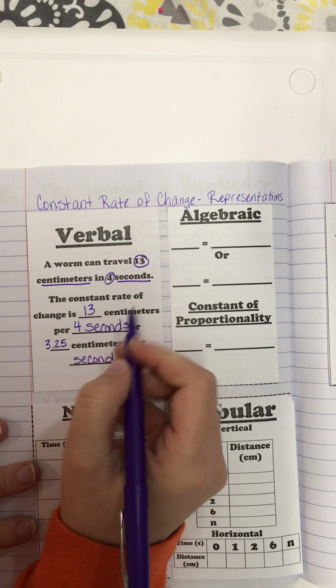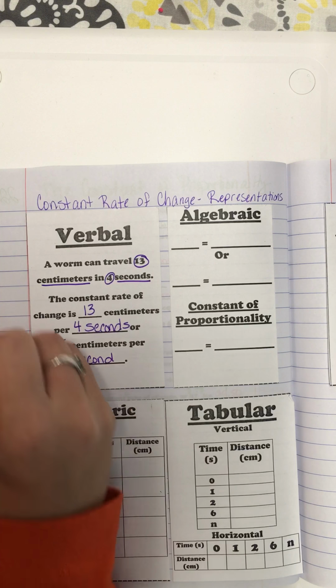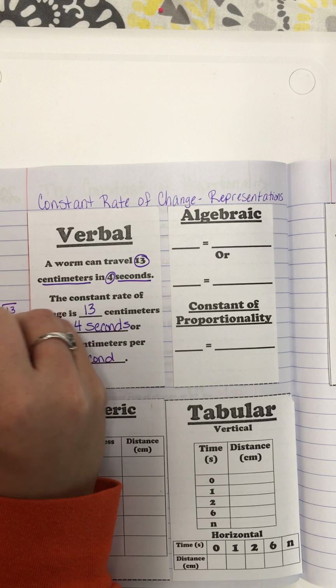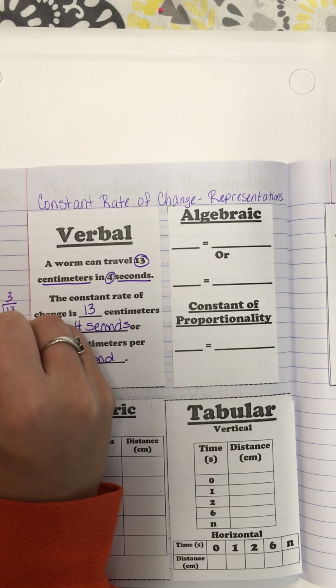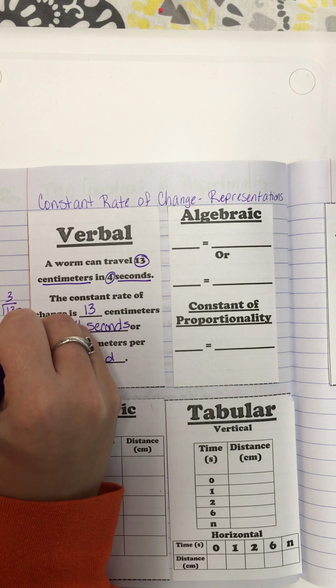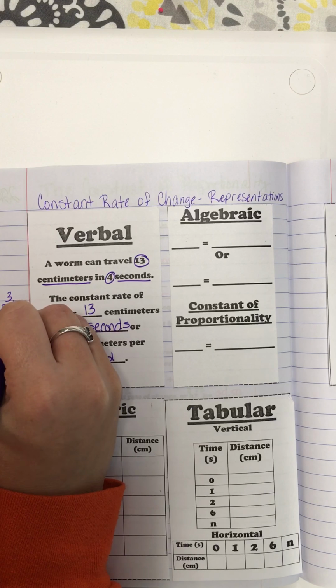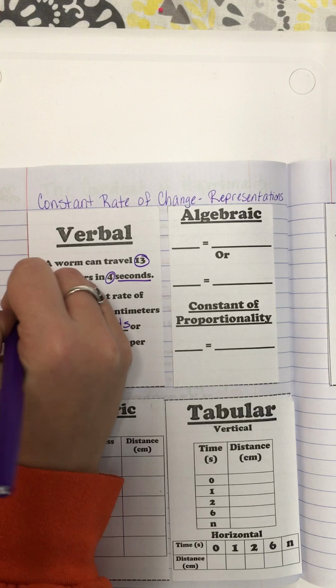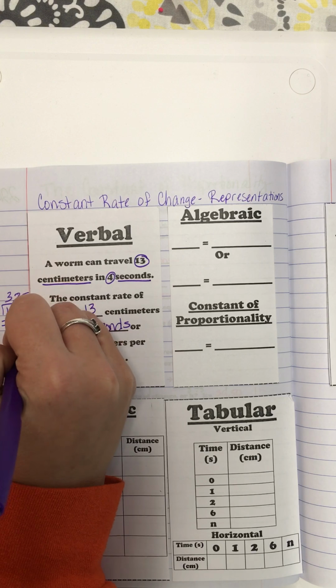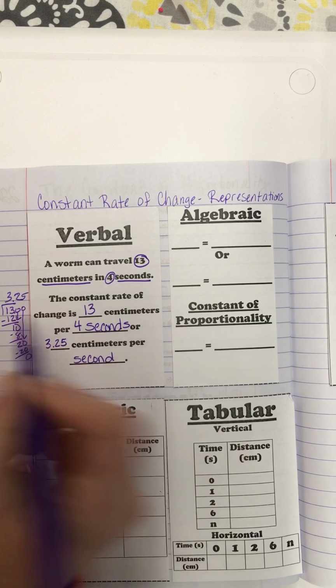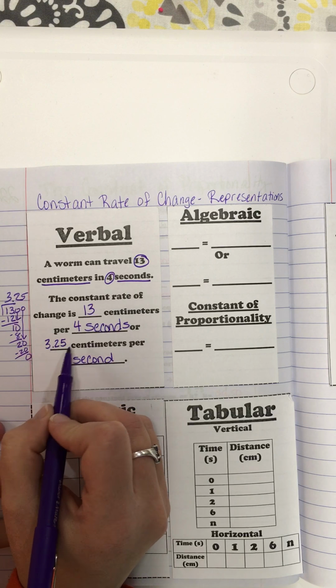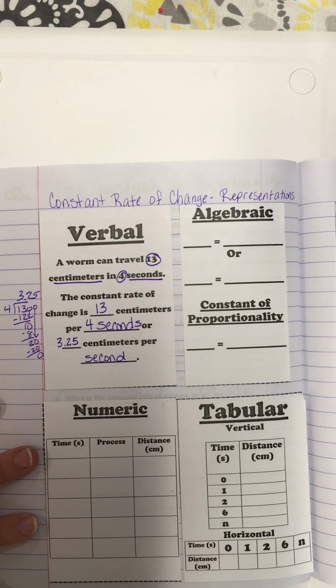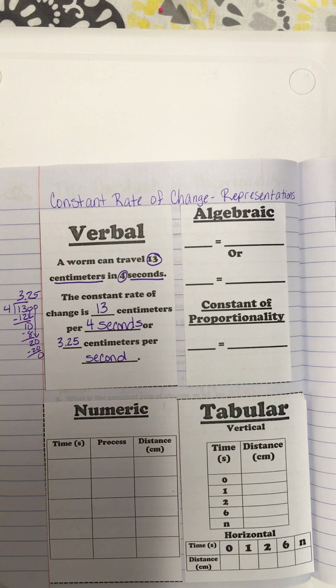And we got that by doing 13 divided by 4. Okay, so 3.25 centimeters per second. That is your unit rate, or your constant rate of change.